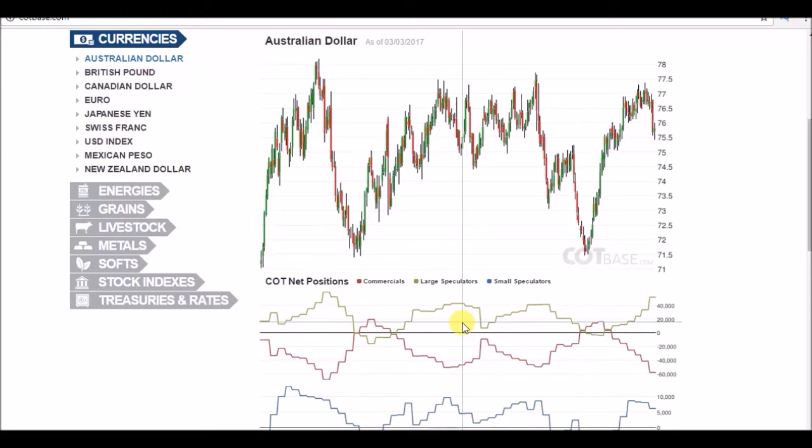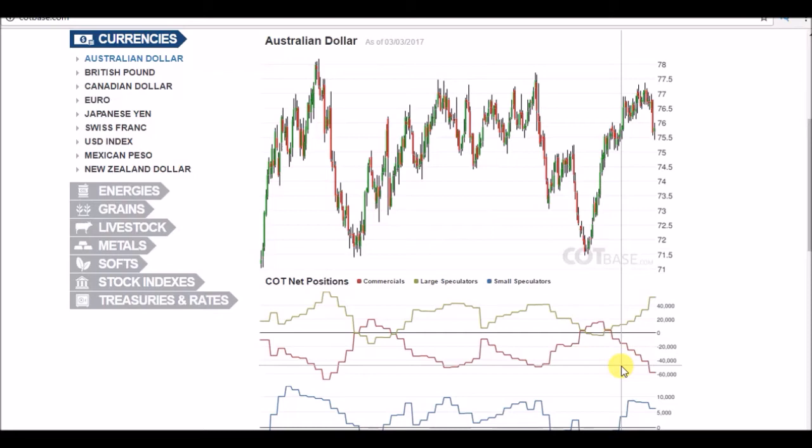Now the Australian dollar is just absolutely wonderful on a graph. It looks much better than any of the others, apart from the Canadian dollar. You can see the steps as the report comes out, and this week we've got a massive step. I think it's 1,600 positions short extra on the commercials, and not so many long on the large speculators.